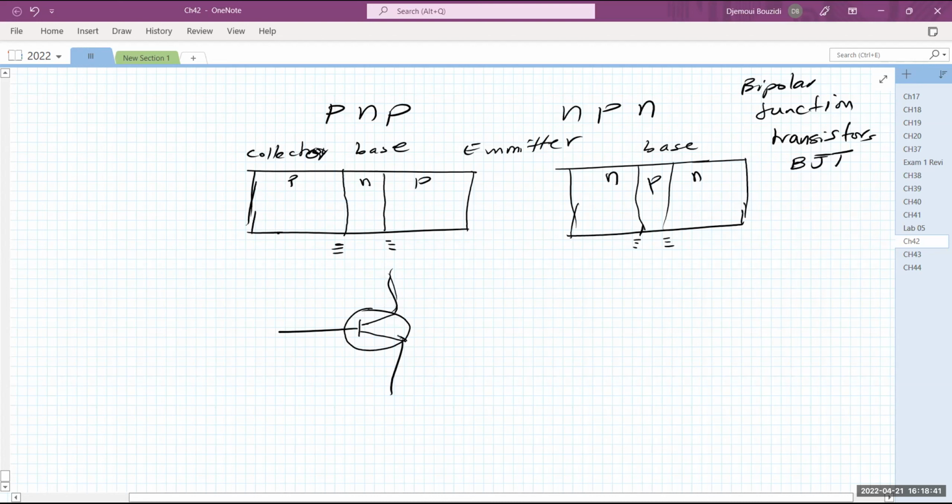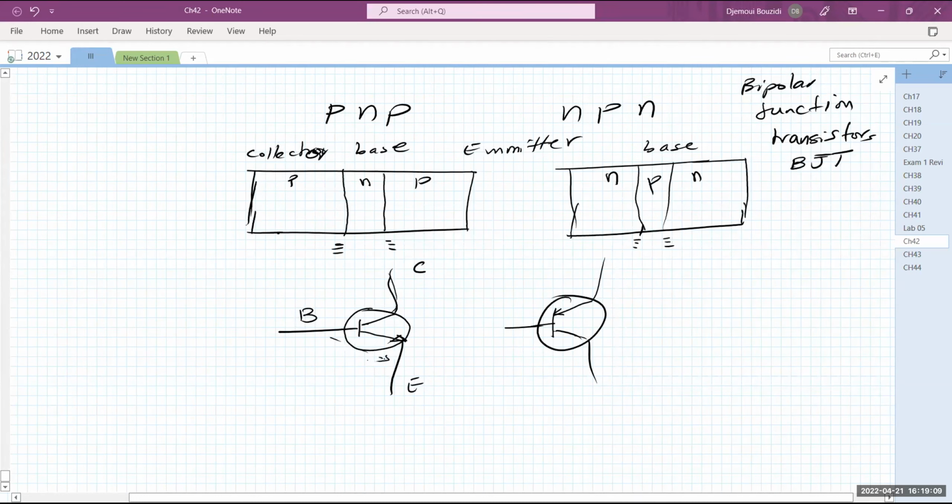Now, the arrow pointing away, this is an NPN junction, and the opposite is true when the arrow is pointing in. So this will be your emitter, this will be your collector, and this will be your base, okay?